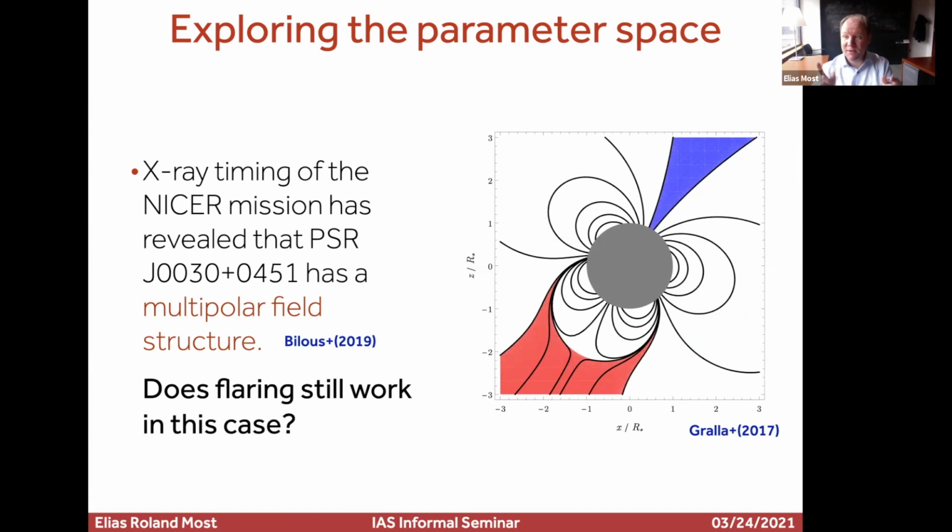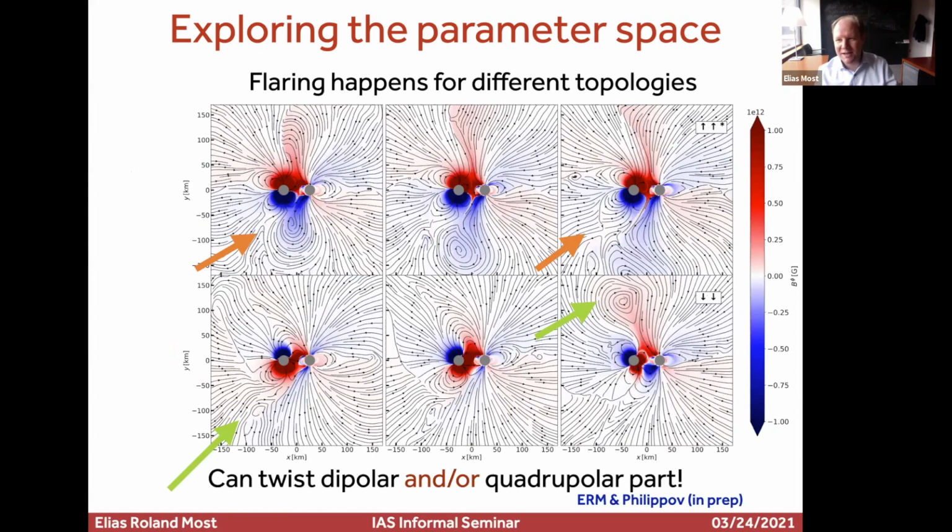And that would be important because as the stars come closer together, they would start to feel the non-dipolar components. So really close to the merger, this would make a big difference. And so we also checked that. We basically combine a neutron star that is a pure dipole with one that has the quadrupolar component. And now the really interesting thing is you can do this reconnection phenomenon not just with the dipolar part, but also with the quadrupolar part.